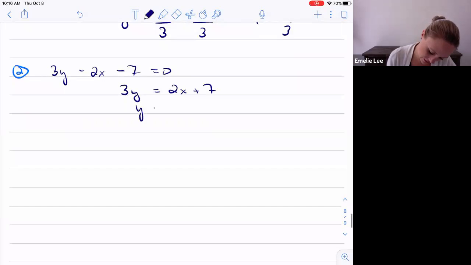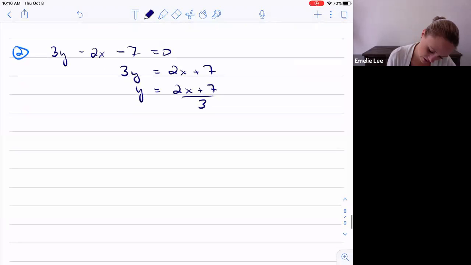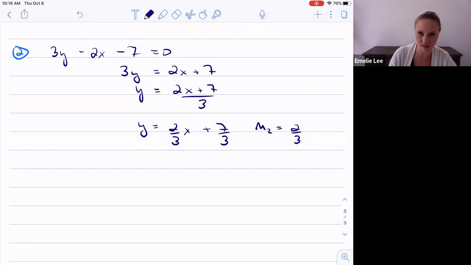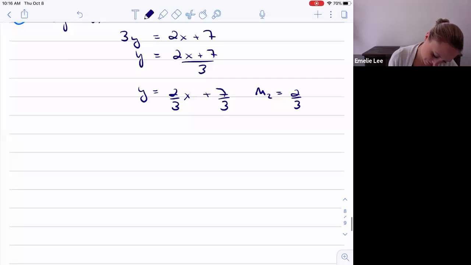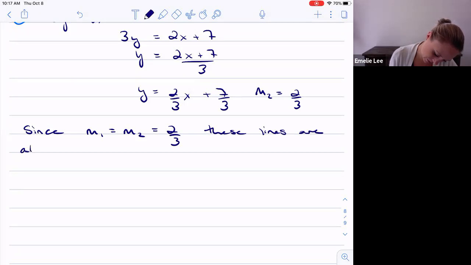Oh, it doesn't look good. y equals (2x plus 7) divided by 3. y equals 2 over 3 x plus 7 over 3. Oh no, m2 is 2 over 3, just like we already knew. Since m1 equals m2 equals 2 over 3, these lines are also parallel.